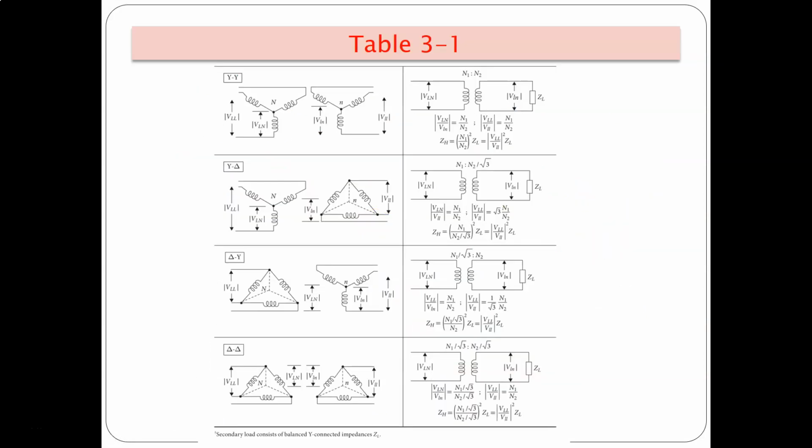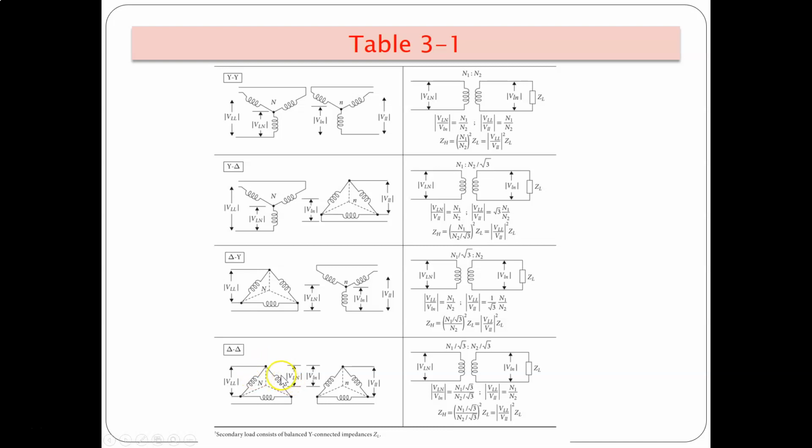Here's an overview of the different typical connection methods between the primary and secondary. We have the YY, Y-delta, delta-Y, and delta-delta. The delta-delta provides no neutral connection, and each transformer must withstand full line to line voltage.